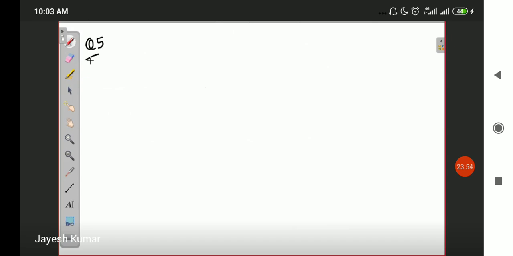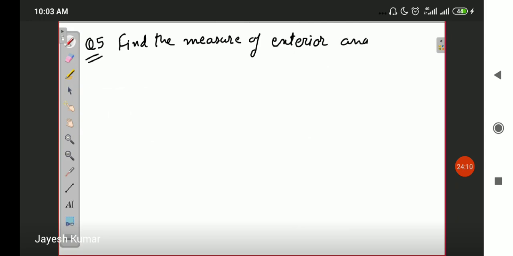Question number 5 is, find the measure of the exterior angle for a regular polygon. This time we have to determine the exterior angle for a regular polygon.